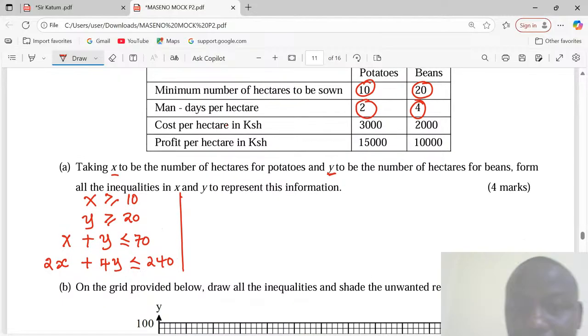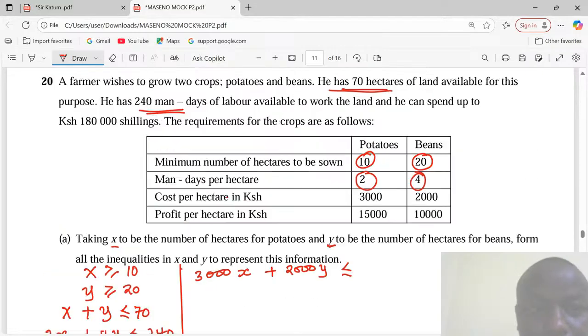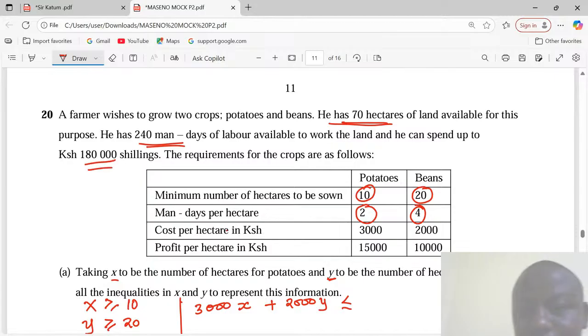Cost per acre: 3,000 times x acres plus 2,000 times y acres. This can be either 180 or below 180 Kenya shillings, because he has 180 Kenya shillings to spend on this project.